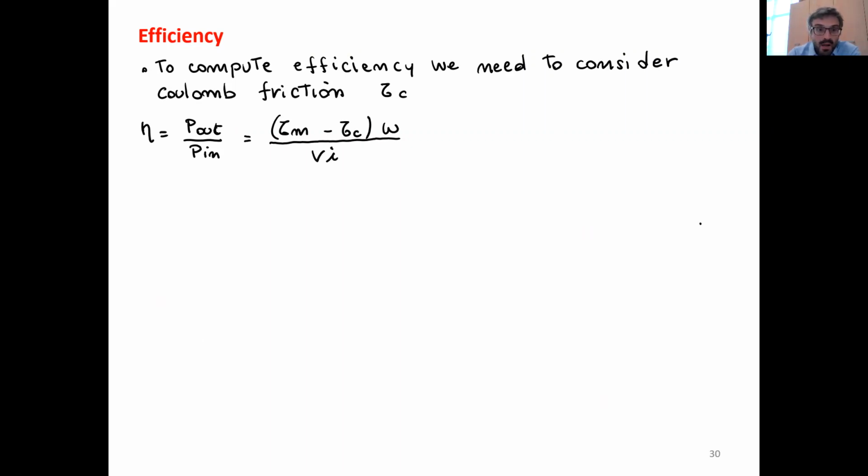And we see why we consider also the Coulomb friction, because the part of the torque that goes into Coulomb friction to counteract it doesn't generate any motion. So it doesn't generate any output power from the motor. So we have tau m, which is the motor torque, minus tau c, the Coulomb friction, times omega, which is the velocity of the shaft, divided by the input power, that is the electrical power, voltage times current.